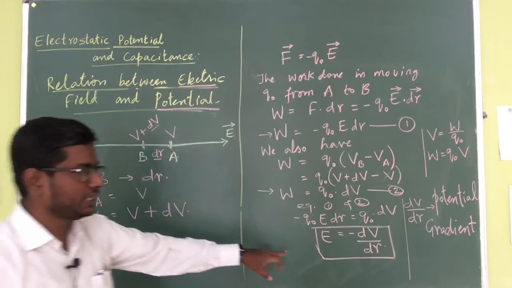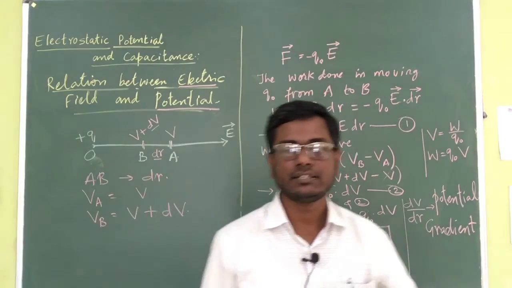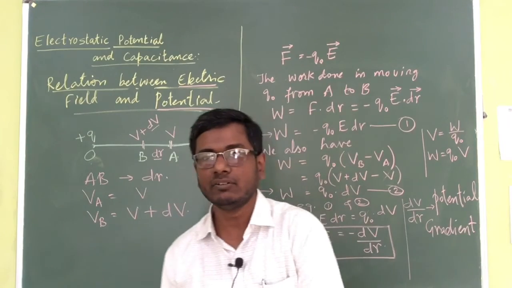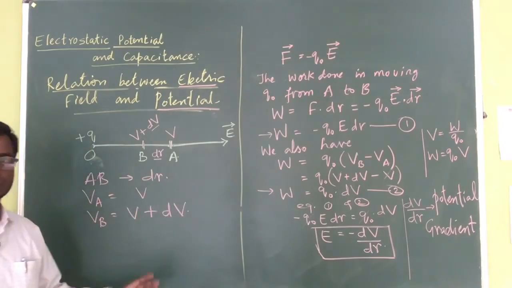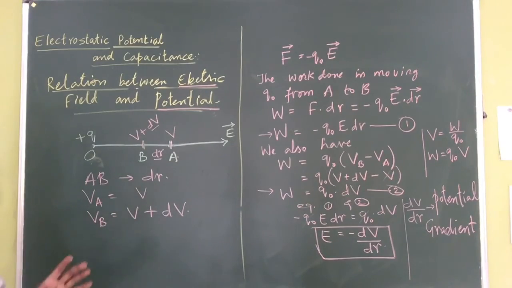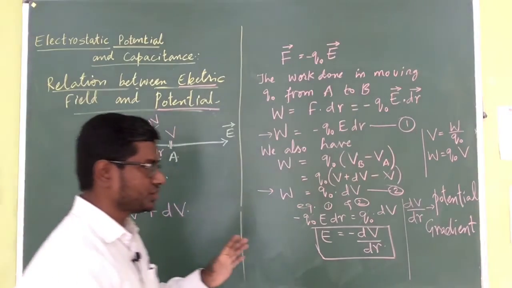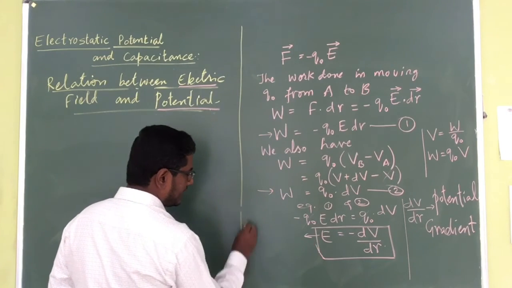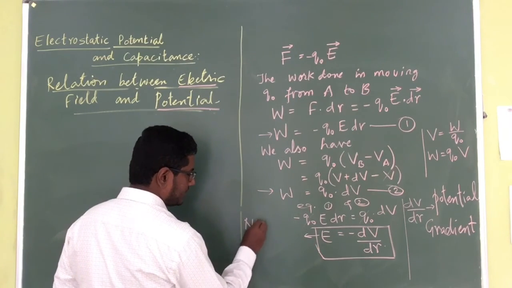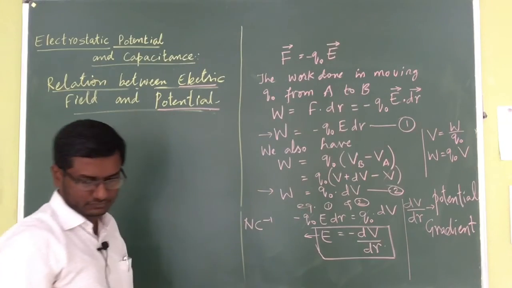So what is electric field? Electric field is equal to the negative potential gradient at that point. That term dV by dr is the potential gradient. One thing before I go: the unit of electric field is defined as Newton per Coulomb.